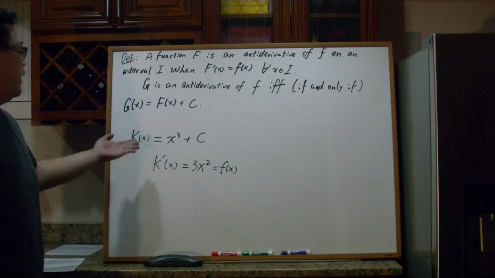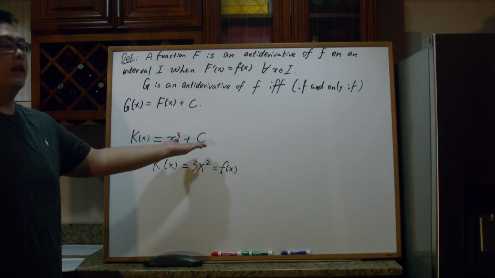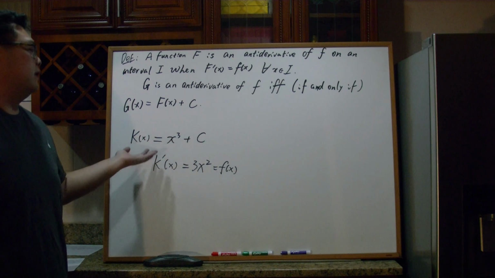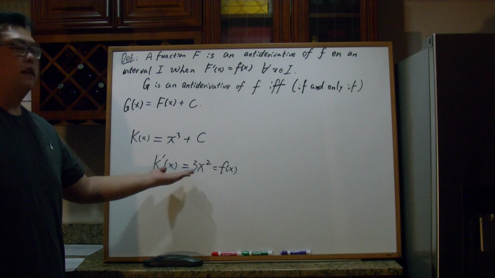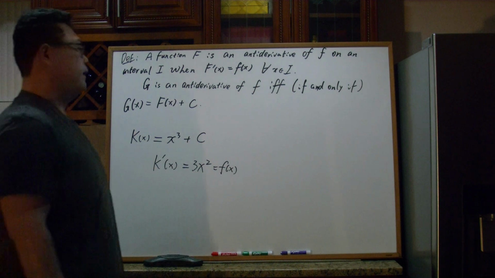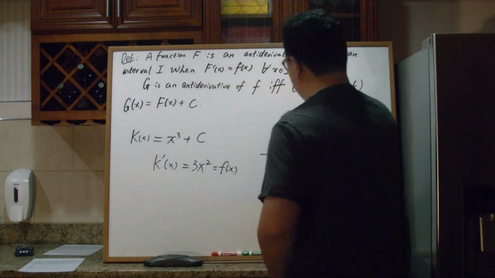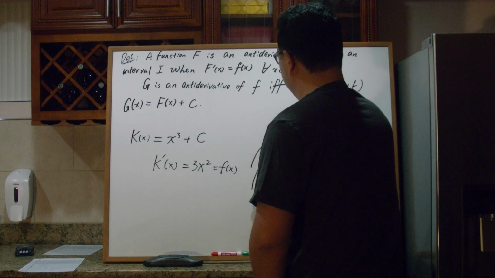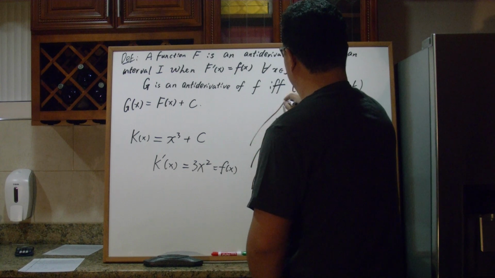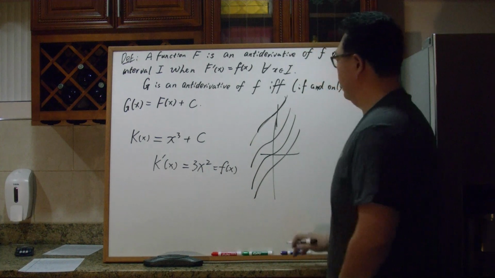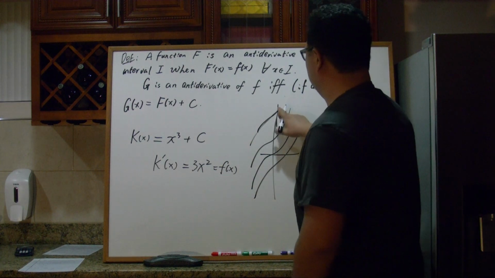So the c could be any arbitrary constant attached to it, and no matter what it is, it will always have the derivative of 3x squared. Now in the view of x to the third, just differing by a constant, for whichever, this graph looks terrible.